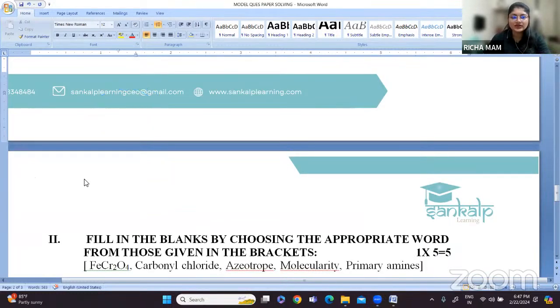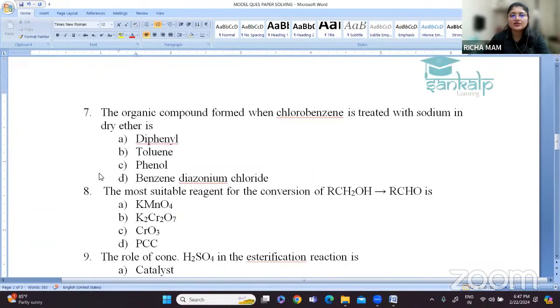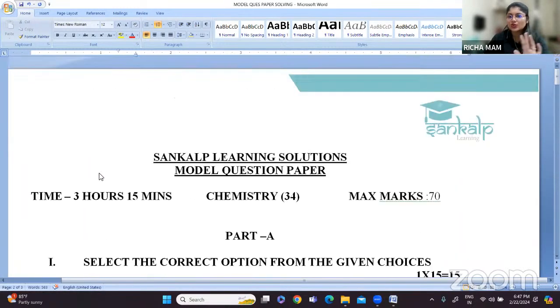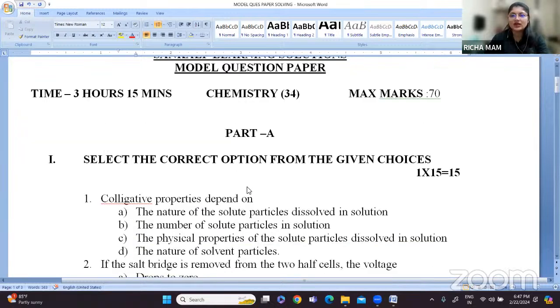As you know, there are 15 MCQ questions, so no choice in MCQ questions. Directly 15 questions will be there. Each correct answer is 1 mark. No double writing of answers, only one time the answer should be written. So think properly and then give the answer.